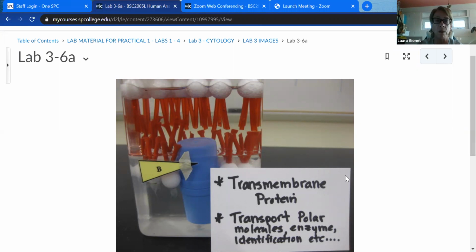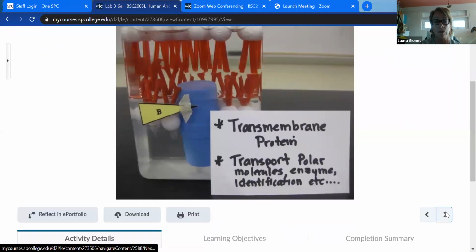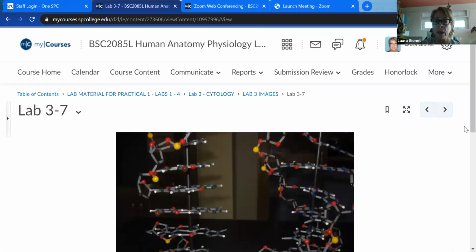So essentially, a transmembrane protein acting as a tunnel from one side to another allows large molecules or large polar charged entities to go from inside the cell to outside, or outside to inside, depending on what direction they're meant to be transported.